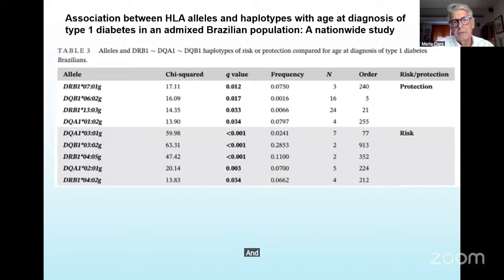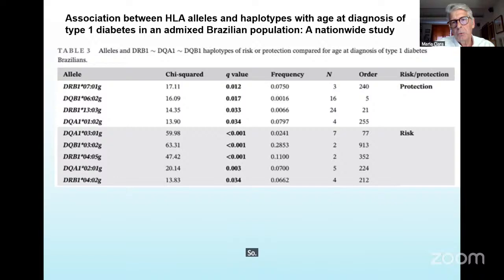And countries that have a very strong screening of the population for type 1 diabetes, such as Finland and Norway, already know that some alleles are associated with the onset of the disease.